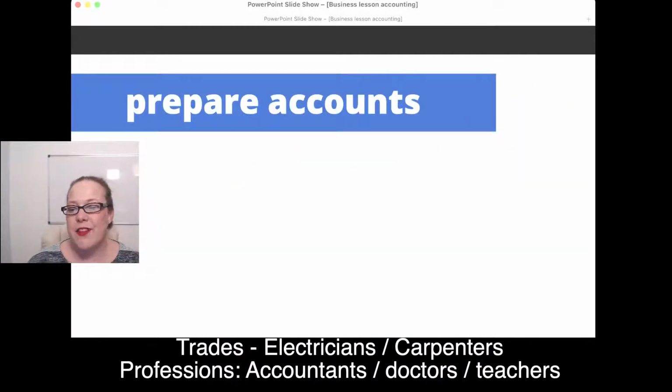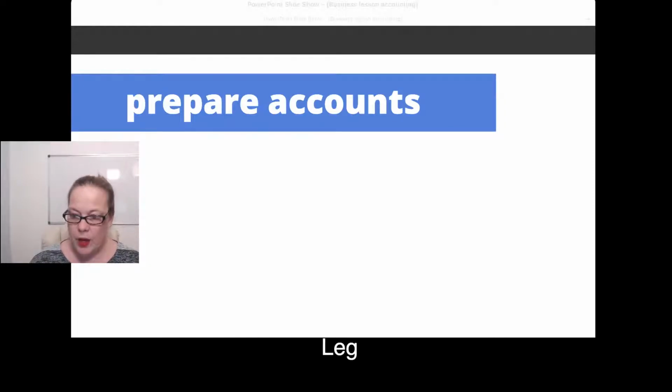So at the end of every year, all businesses have to prepare accounts. It's a legal obligation. We say, a legal obligation. You have to do it, okay? You have to do it.